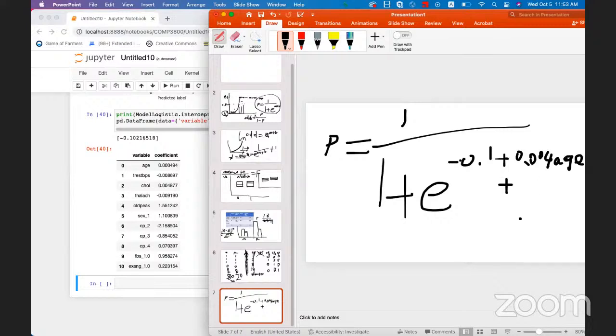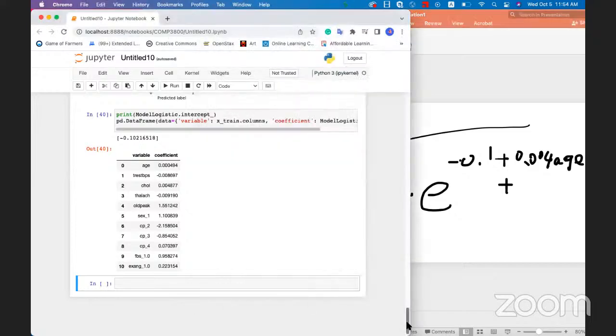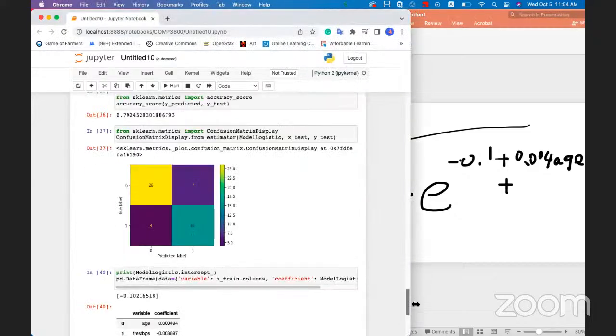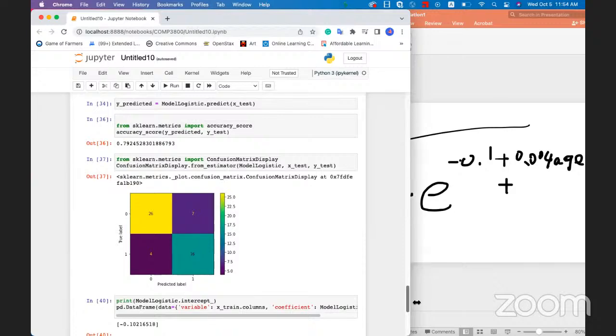That gives you the formula to calculate the probability. Of course, we don't need to do that. You can just use predict to predict any new case you're given.